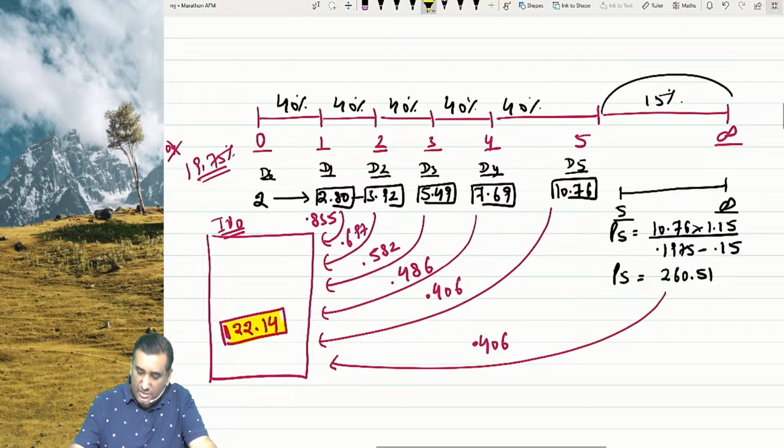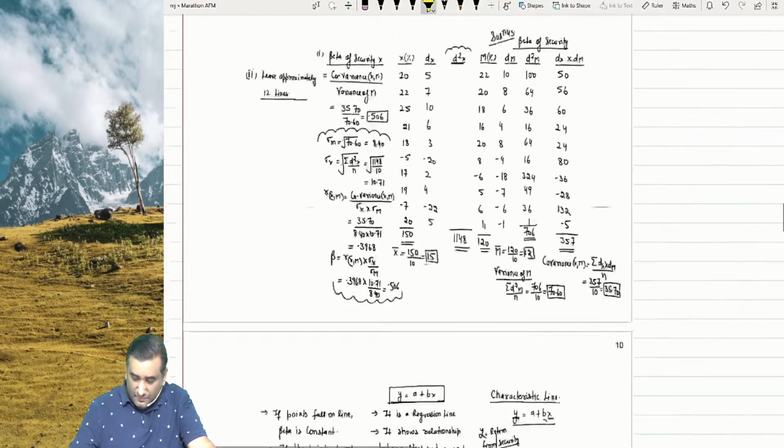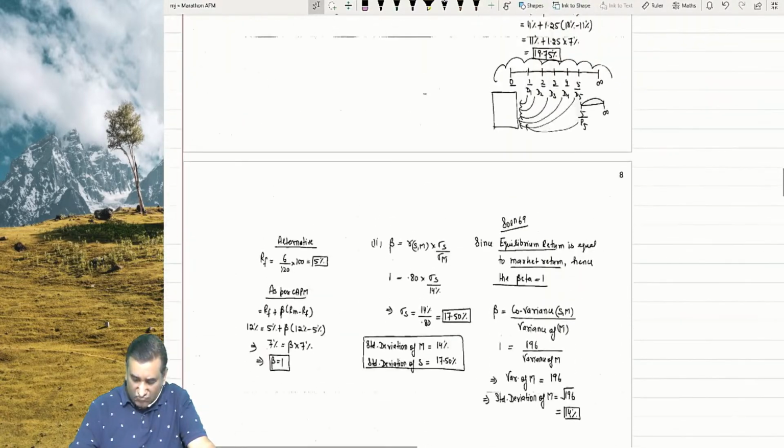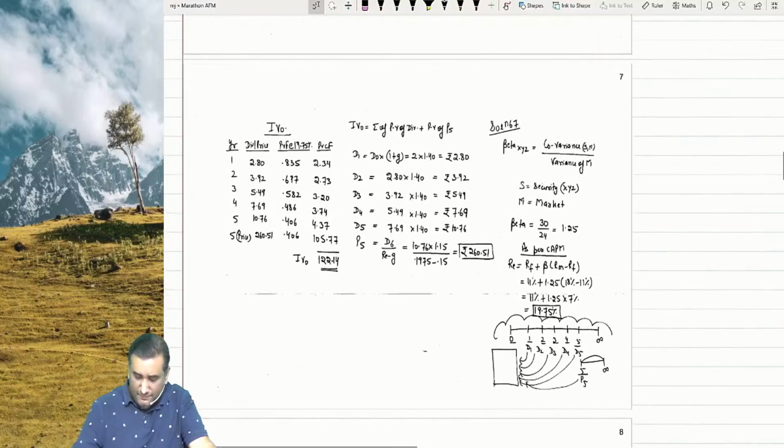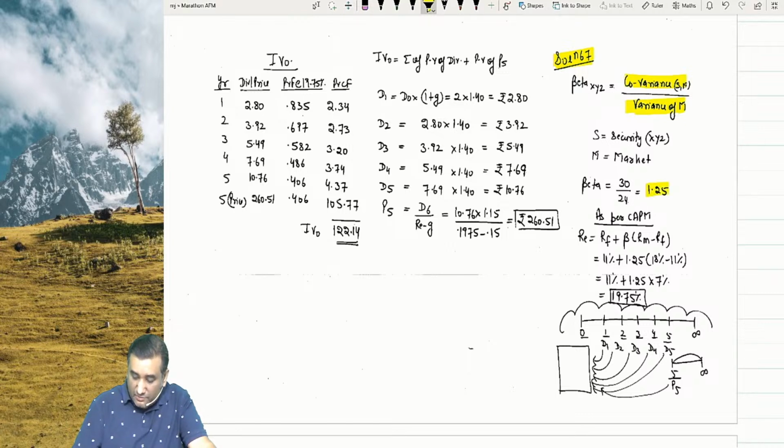Now presentation wise, this is how you present the answer. We calculate beta of XYZ, covariance by variance of market. Beta comes 1.25.